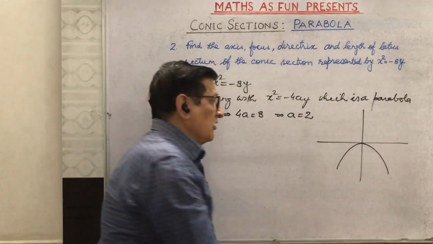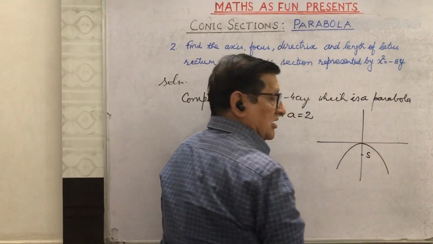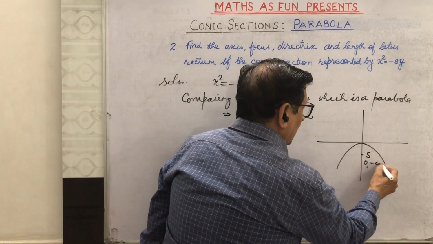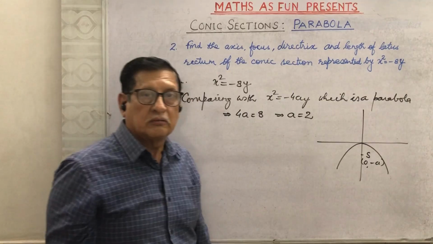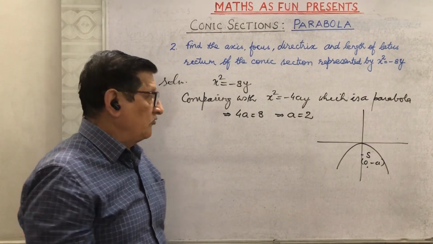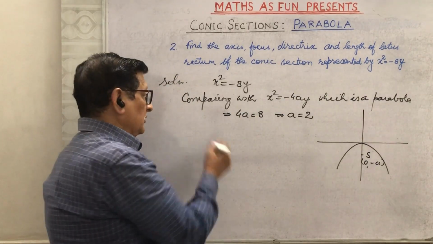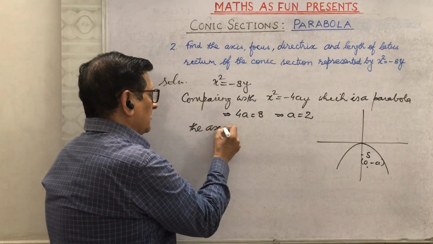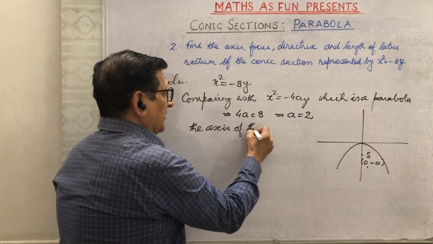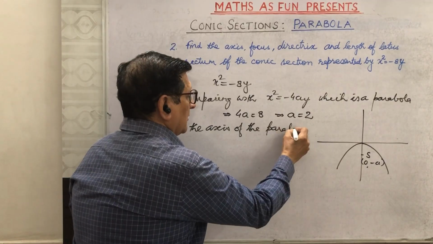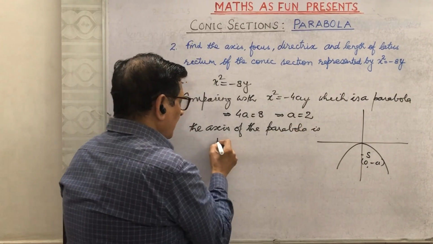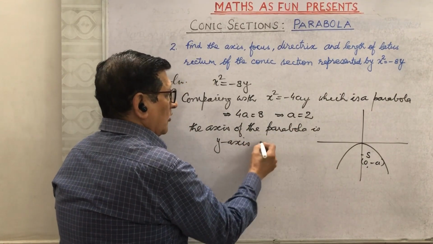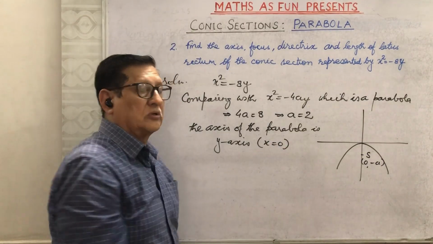In such case, we find that the focus of this is equal to 0 comma minus a. So what we find here? The axis of the parabola is y-axis, or we can say x equal to 0.